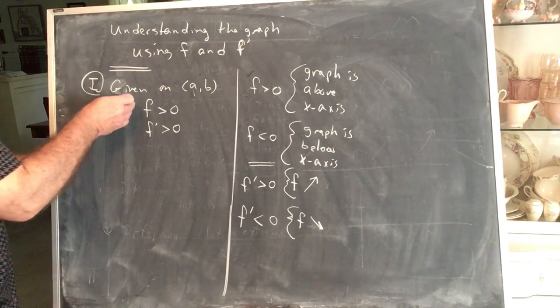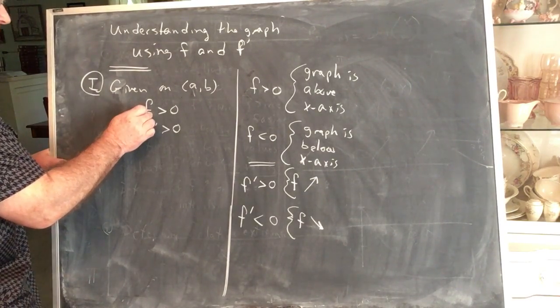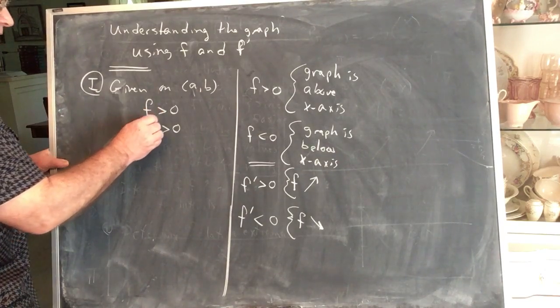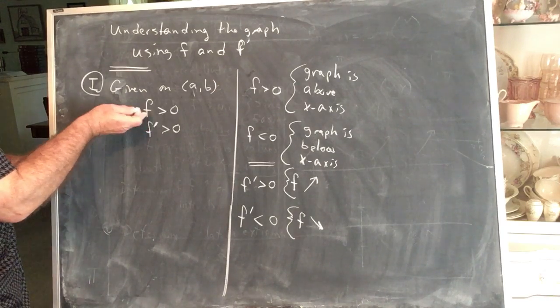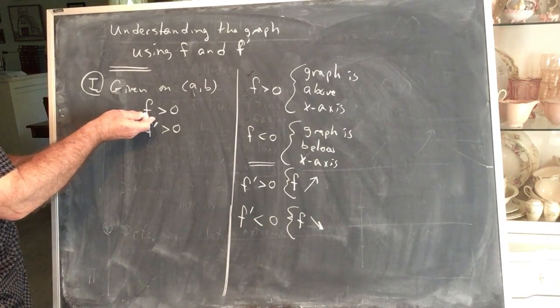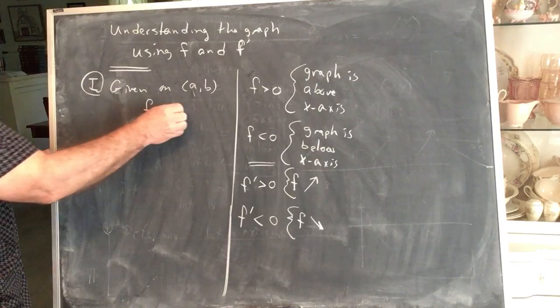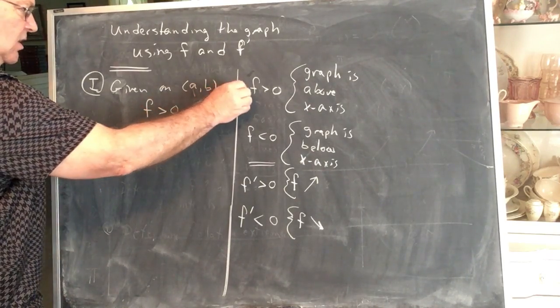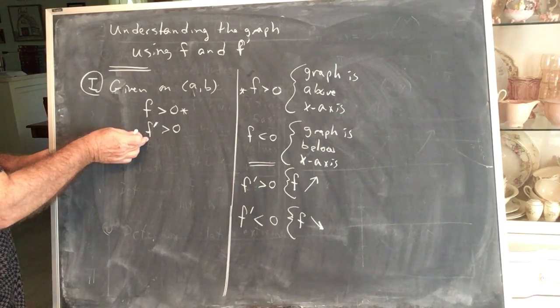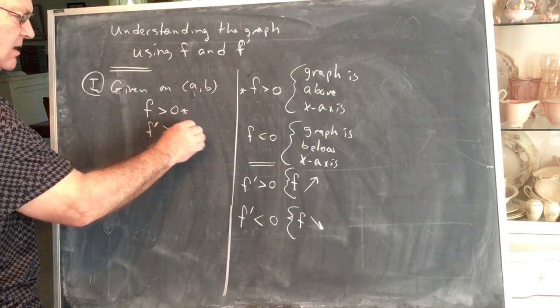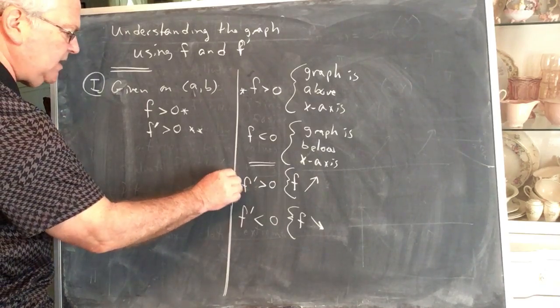And so, suppose we're given that the function f is greater than 0 and the derivative is also greater than 0. So what that means is the graph must be above the x-axis, and the derivative greater than 0 means the function must be increasing.